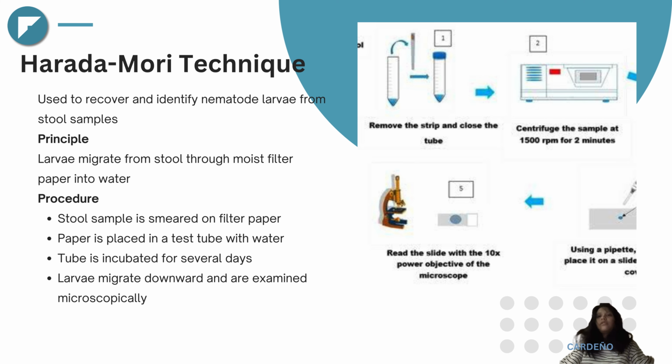The procedure involves 4 steps: 1, smearing a stool sample on filter paper; 2, placing the paper in a test tube with water; 3, incubating the tube for several days; 4, allowing larvae to migrate downward for microscopic examination. This technique is particularly valuable for detecting hookworm and Strongyloides infections. Its strength lies in its simplicity and reliability, making it a cornerstone in stool-based parasitology diagnostics.